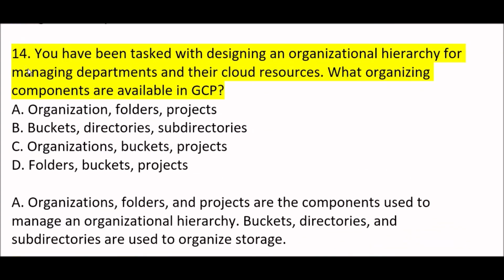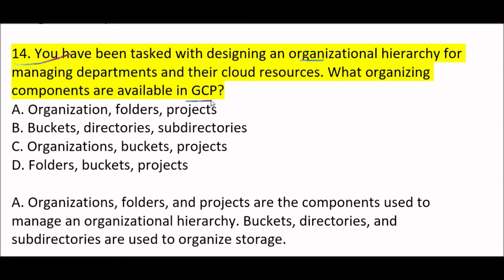Next question. You have been tasked with designing an organizational hierarchy for managing departments and their cloud resources. What organizing components are available in GCP? Option A, organization, folders, projects, respectively. Option B, buckets, directories, subdirectories, respectively. Option C, organizations, buckets, projects, respectively.